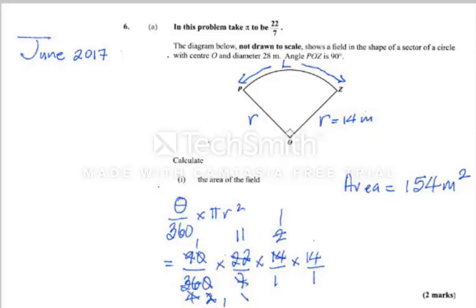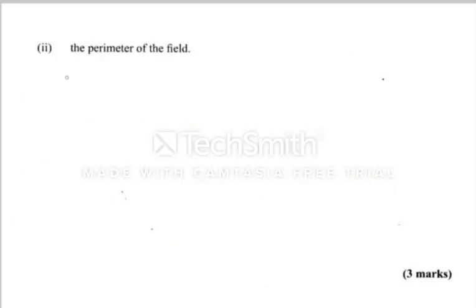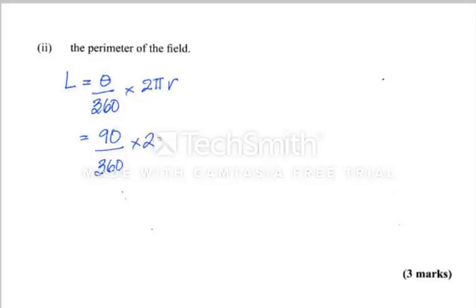Now, the length of the arc L is given by the formula theta over 360 times 2 pi r. So the length of the arc is a fraction of the length of the circumference. So this is 90 over 360 times 2 times pi, which is 22 over 7, times the radius, which is 14.